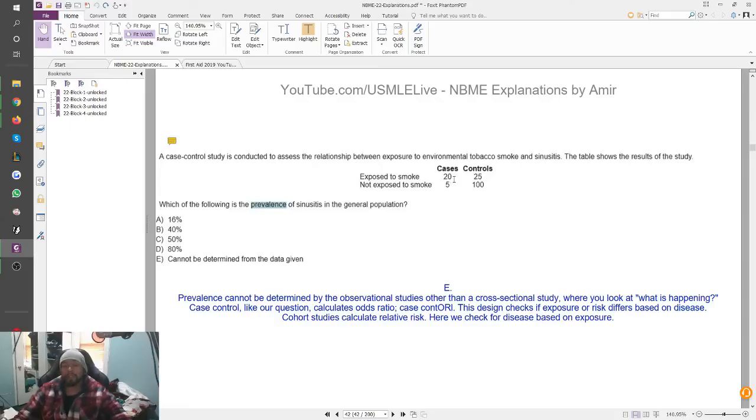Now, there was a way to do this incorrectly. You could think that, okay, exposed to smoke in cases is 20, but the total number of cases is 25, right? 25 people have the case. So you would pick 25 and then add up everything else. And let me see, I think they might even have an answer for that. So 25 and then 150, right? So 25 over 150.